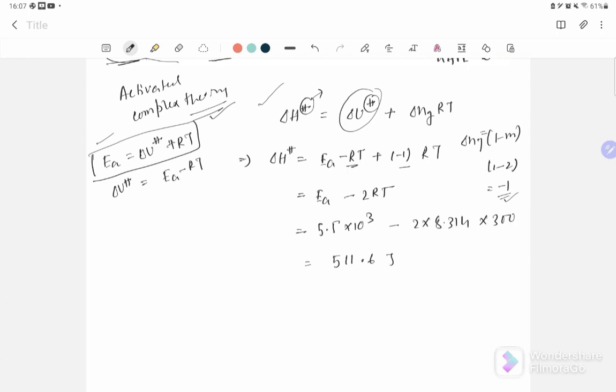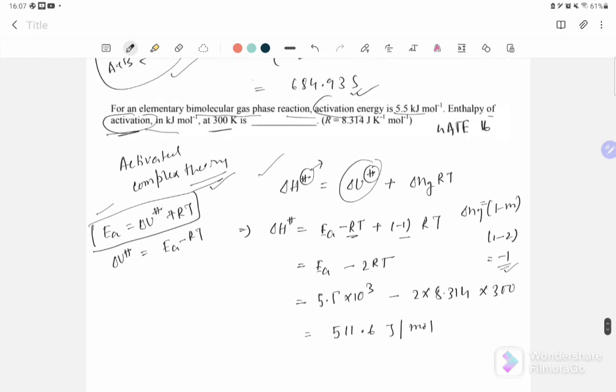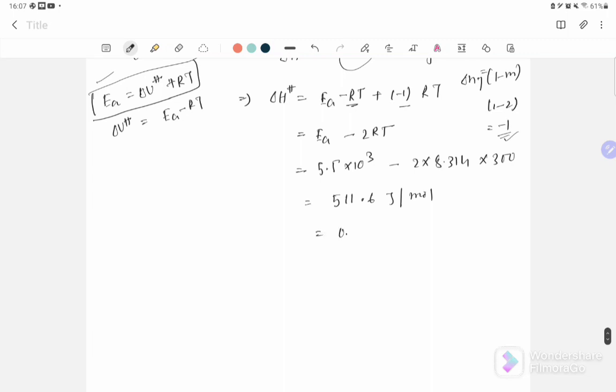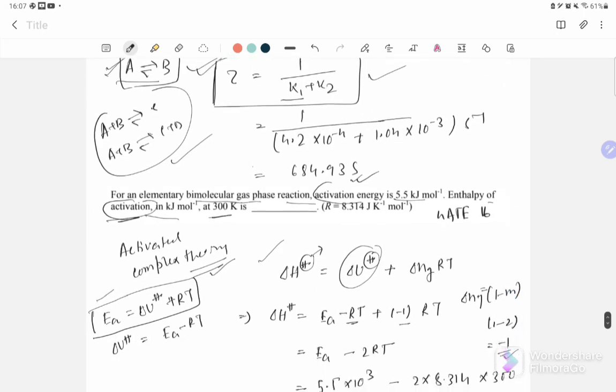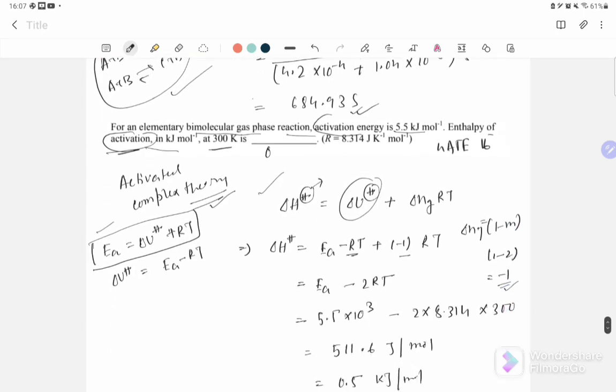If you calculate this, the answer will be 511.6 joule per mole, or they are asking in kilojoule, so that will be 0.5 kilojoule per mole. Only one decimal you can write, so that will be 0.5. So for this question you have to remember this equation for activated complex theory and this equation.